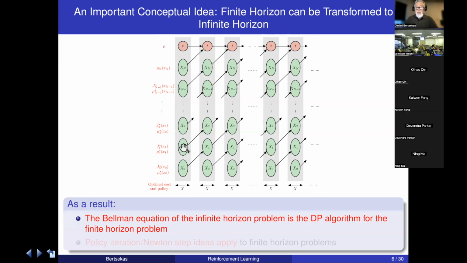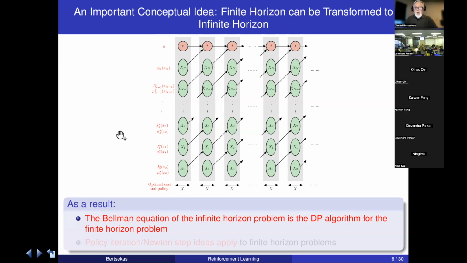The optimal cost of the infinite horizon problem starting from these states is J1 star of X1, J2 star, and so on. So the optimal cost of the infinite horizon problem is a stack of all these costs of the subproblems. And the optimal policy of the infinite horizon problem also gives you an optimal policy for the finite horizon problem.